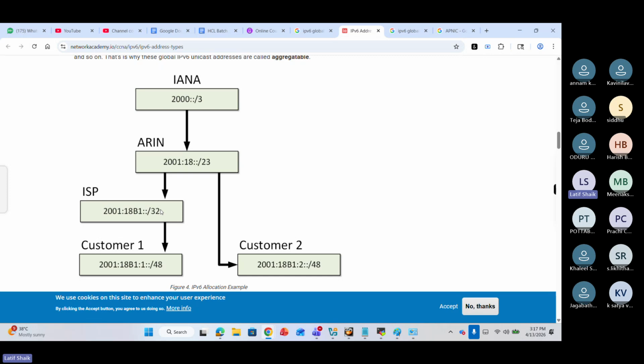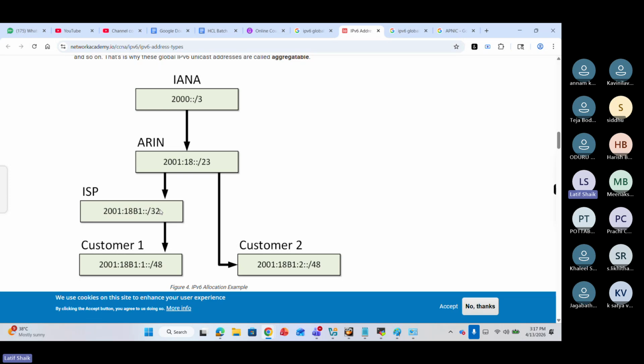ISPs handle their public customers directly, like in my home, where I need internet. So based on the customer, they add the customer ID subcategory there.